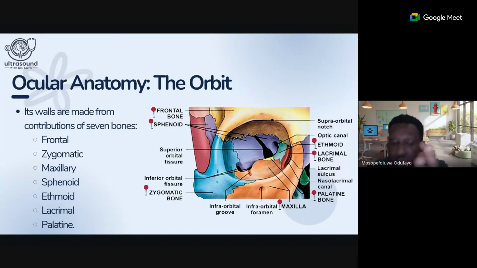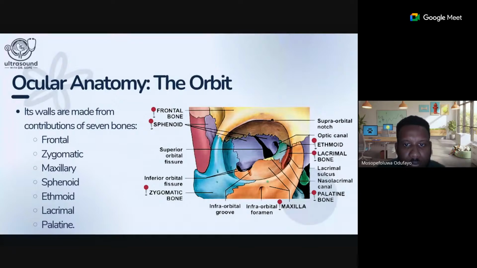Not all of them solely specialize in forming the orbit alone. They play roles in other parts too. So the zygomatic bone, which is like the cheek prominence, also forms part of the orbit's lateral wall, as you can see. The maxillary bone forms the inferior wall, and the inferior medial wall here.